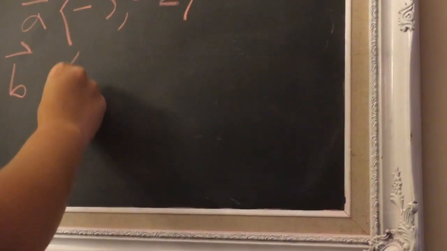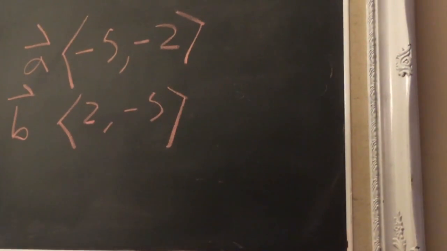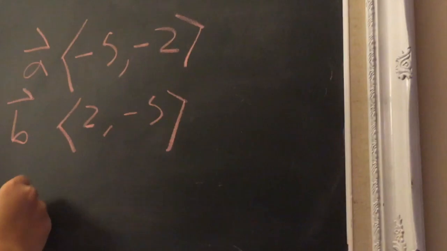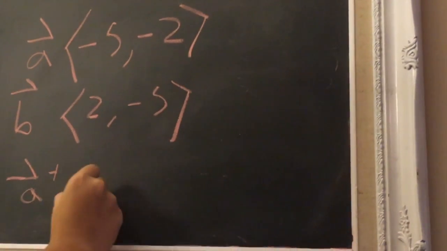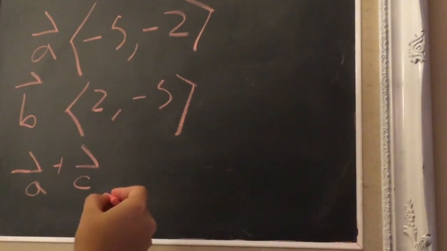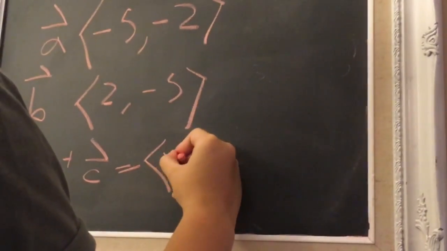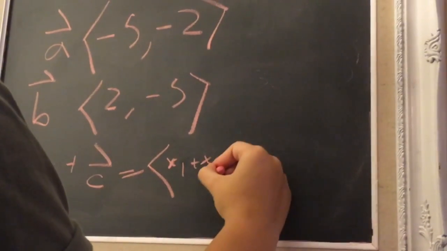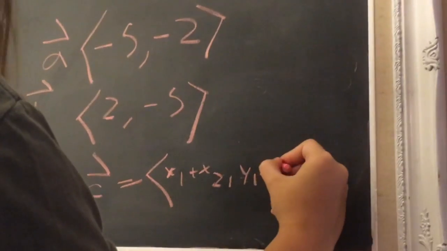Vector A equals -5, -2. Vector B equals 2, -5. Find the resultant. Well, the formula for adding vectors is a plus b is equal to x1 plus x2 comma y1 plus y2.